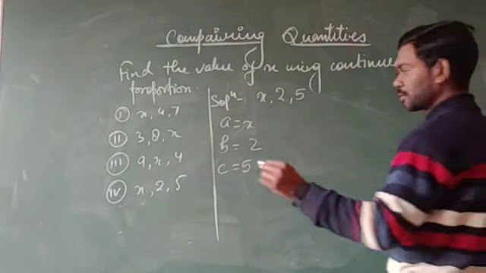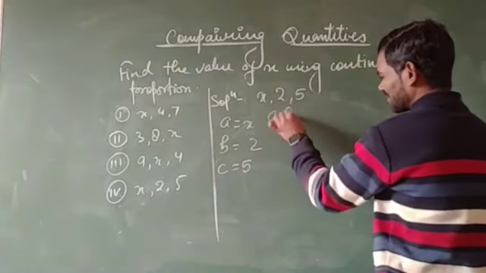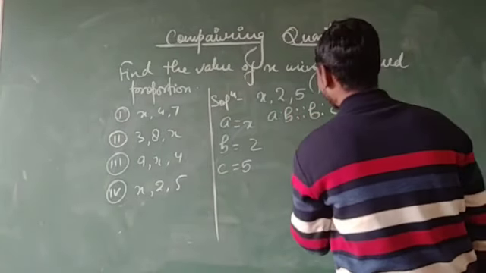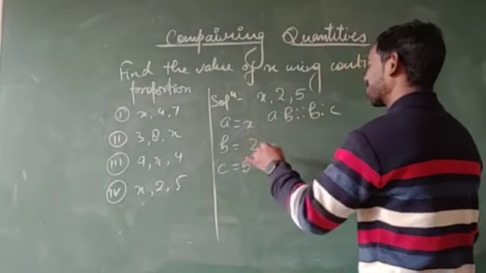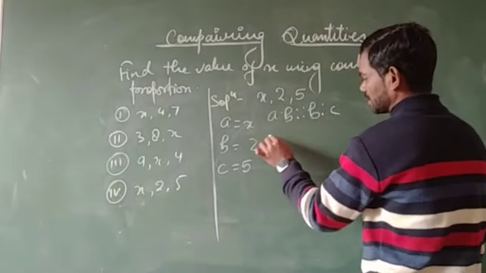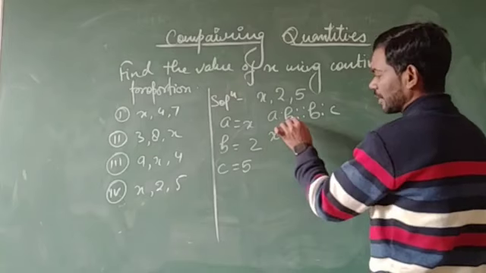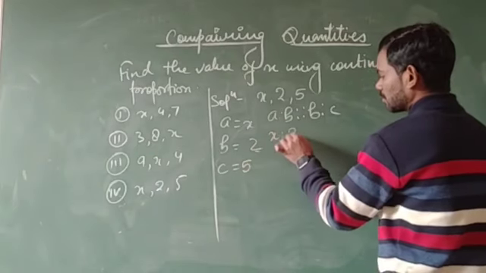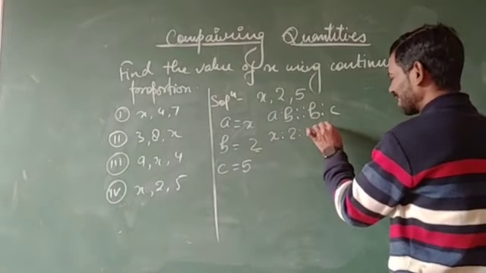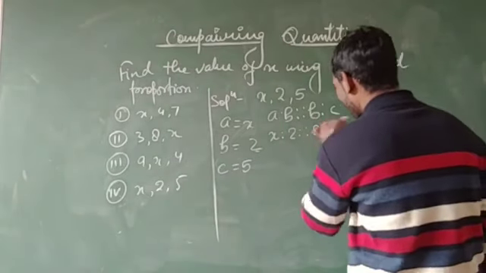And the definition of continued proportion is a is to b proportional to b is to c. So put the values of a, b and c in this formula. We have the value of a is x, is to the value of b is 2, is proportional to, again the value of b is 2 and the value of c is 5.